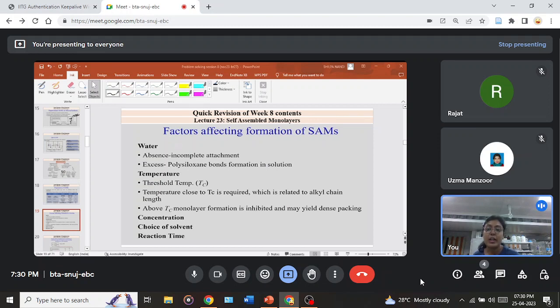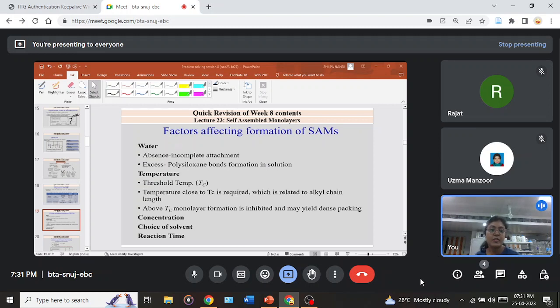So temperature again, higher temperature or lower temperature than that of the threshold temperature can cause difficulty in the formation of these SAMs. So a threshold temperature must be present. So temperature close to Tc is required, which is related to the alkyl chain length, and above this Tc monolayer formation is inhibited and again may yield dense packing.